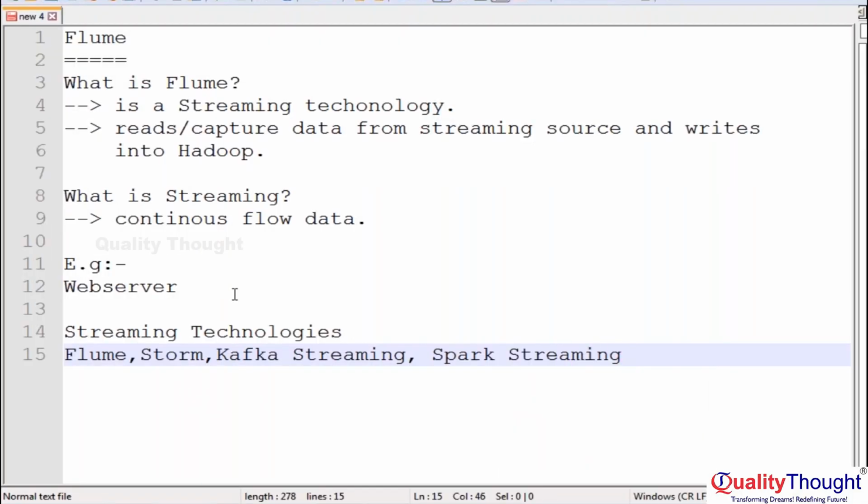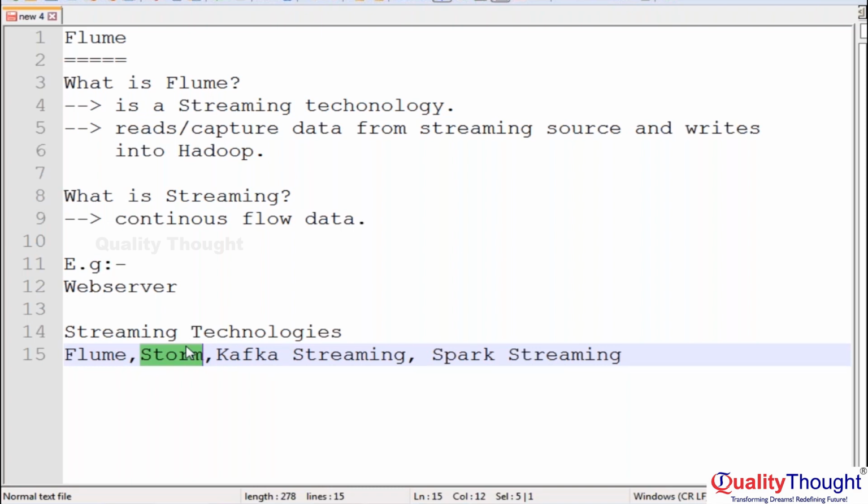Some streaming technologies provide analytics. Some streaming technologies just capture data and write into the destination location. Okay. Some streaming technologies capture data and write message data into the destination location. And Spark streaming and Storm provide live analytics.